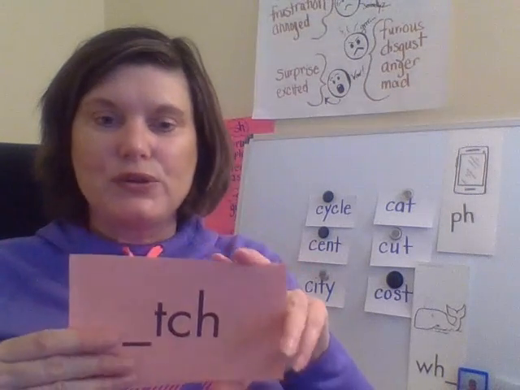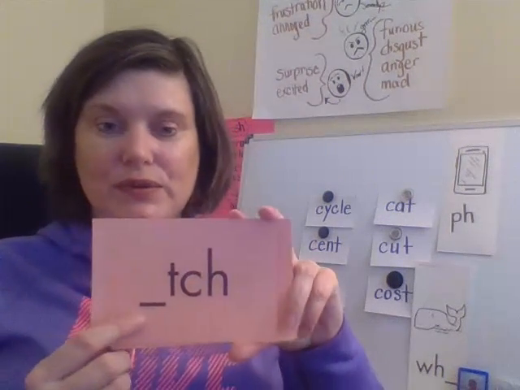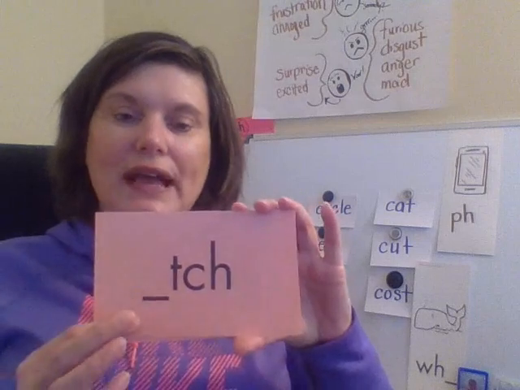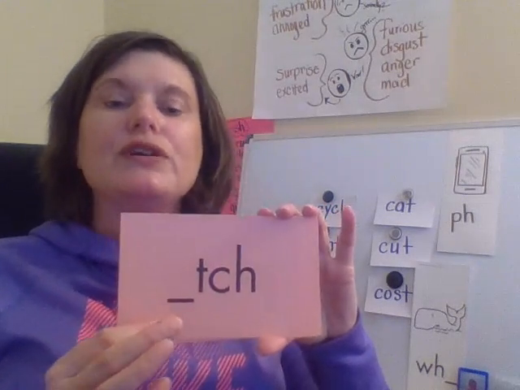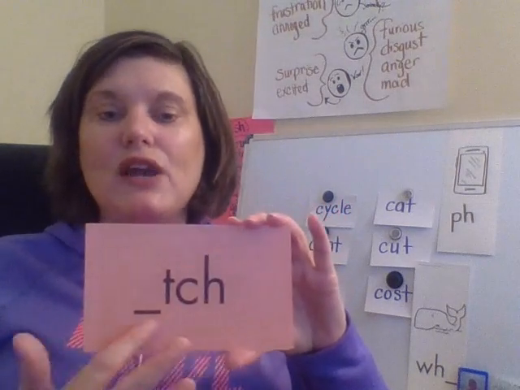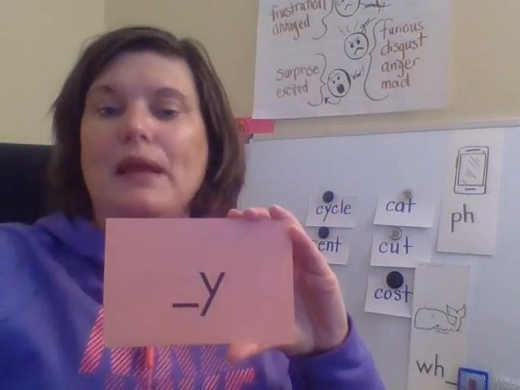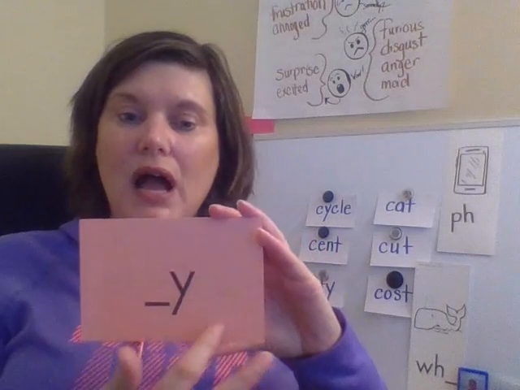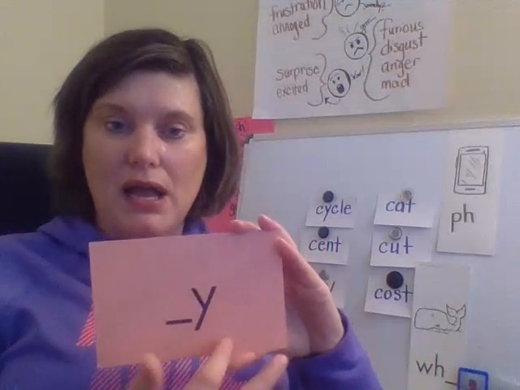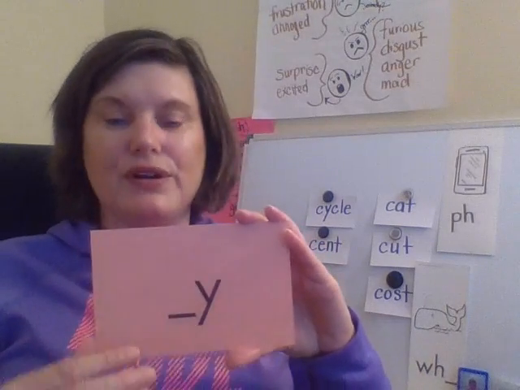Okay, let's review the other sounds and spellings we've learned. Ch, together, ch. Your turn, ch. Good. Remember, this is only at the end of a word. Okay, my turn, I, together, I, your turn, good.